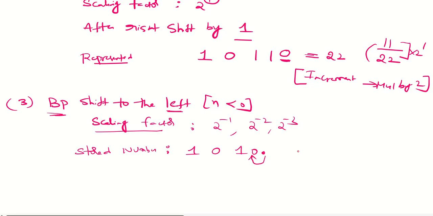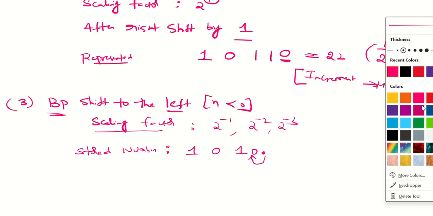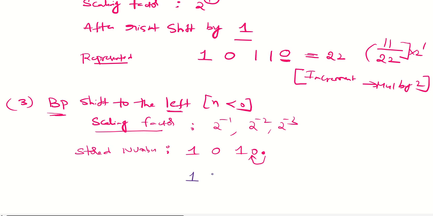Let's see. The result is 101.0 right now. I hope that is clear. Here one position is shifted. This is called the represented number. What is happening once you get the result? The value given as input is 10, but the scaling factor is 2 power minus 1.